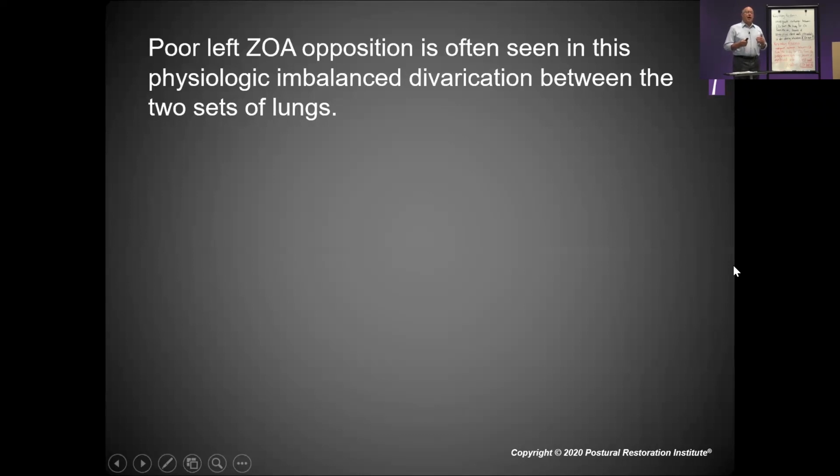So you've got this opposition that's often seen, physiologically imbalanced between the two diaphragms, when the left rib cage is higher and elevated and the right rib cage is lower and more converging towards the center.